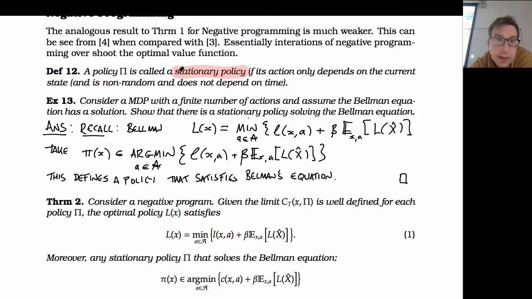So you can kind of see the two ingredients that we're going to be assuming here. Typically for negative programming, people assume that policies are stationary, and typically people assume that the policies have a finite number of actions as well.